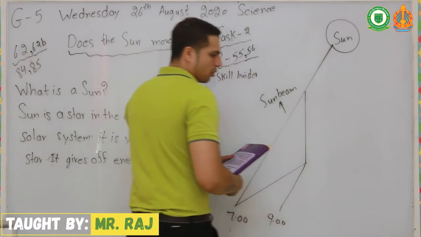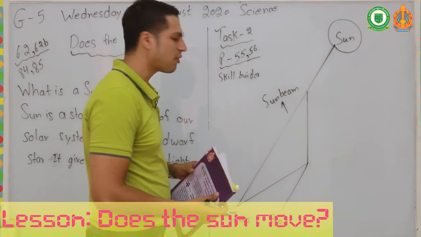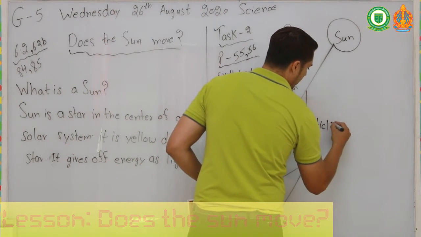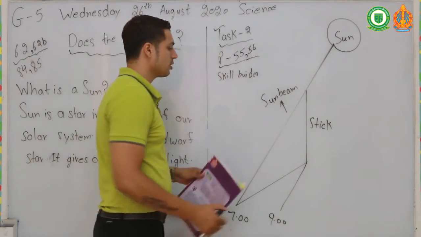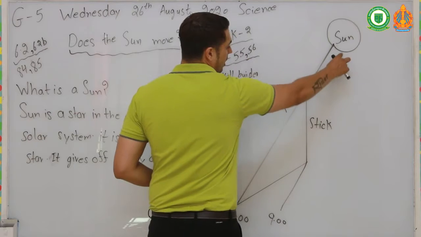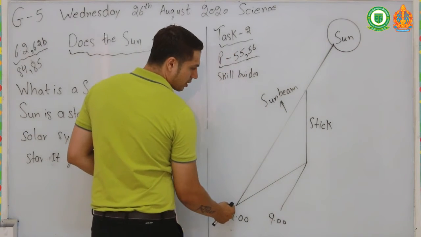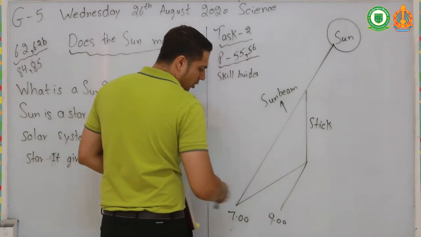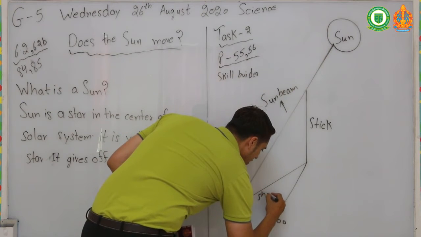You have studied this in your chapter 5, and you can do it at home as well if you want. So here is the stick and sun. The sunbeam comes out from the sun and it creates a shadow here. So this one is a shadow.